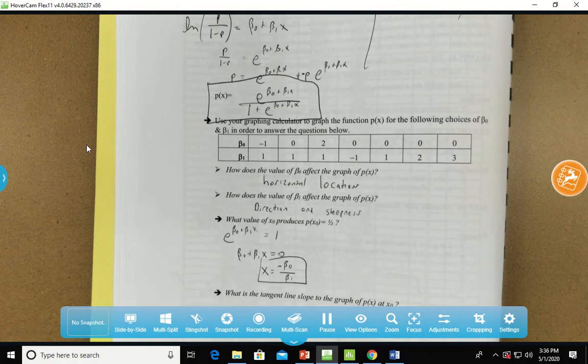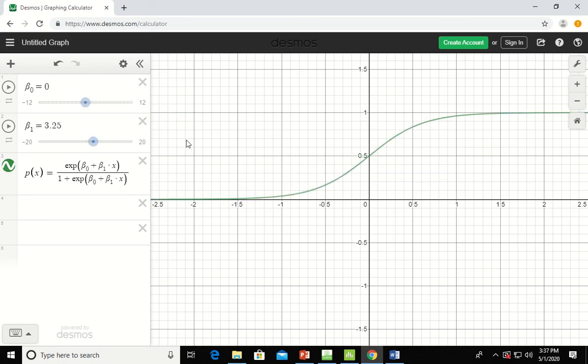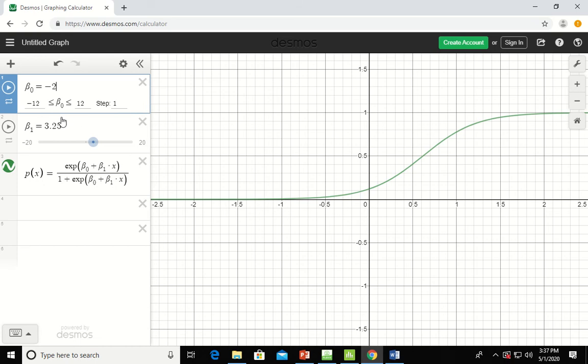And one thing to note is that when you get to 1/2, that's where it changes concavity. That's where it'll change concavity.